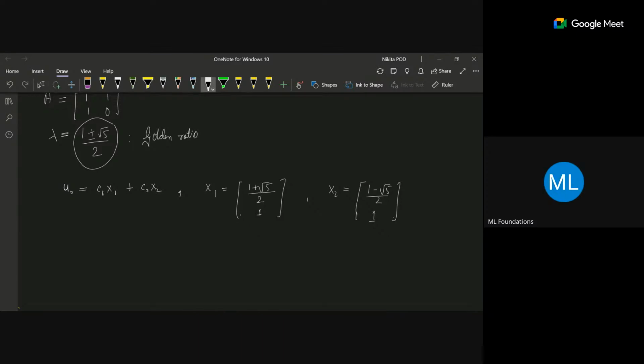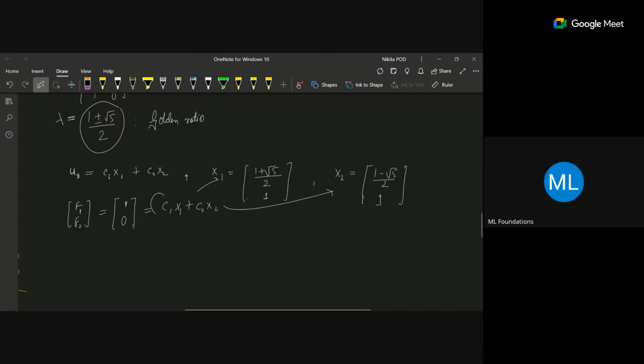Using this, you can also solve for c1 and c2 because my u0 is just f1 and f0, right? F1 is just 1 and f0 is just 0, and this should be equal to c1 times x1 that you have found plus c2 times x2 that you have found, right? So if you just compute it, you will get c1 and c2.